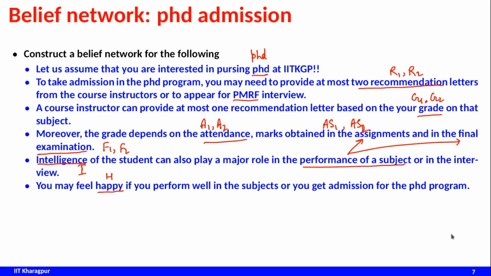So I can say I have grade G1, I have grade G2, and this will depend on the recommendation letter R1 or 2, and grade will depend on my attendance A1, my assignment marks, and the final examination marks.